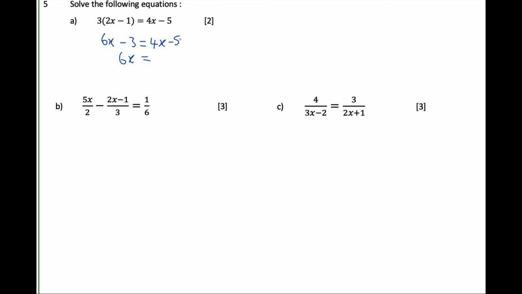Add 3 here to give us a minus 2. Subtract 4x, leaving negative 2. Subtract 4x, we have 2x. Divide by 2. And divide by 2 here to give you a negative 1.